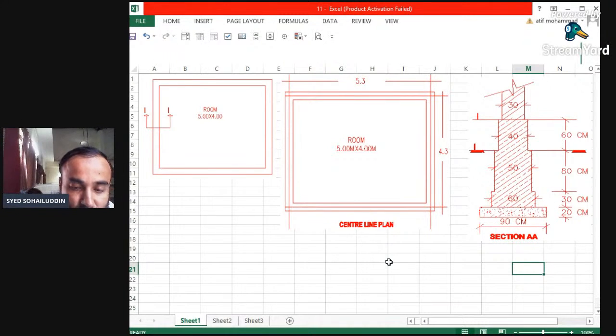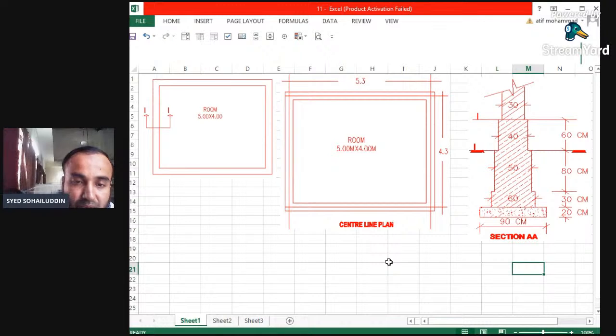Again, what is the formula for the short wall? We'll denote the short wall as capital S. So capital S is equal to the center to center distance of the short wall, minus the width of the section.